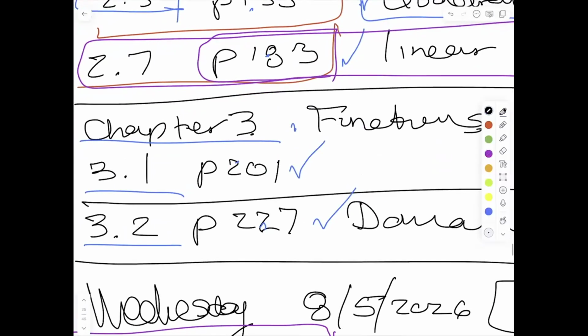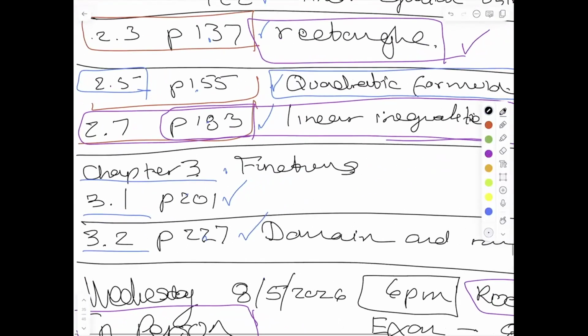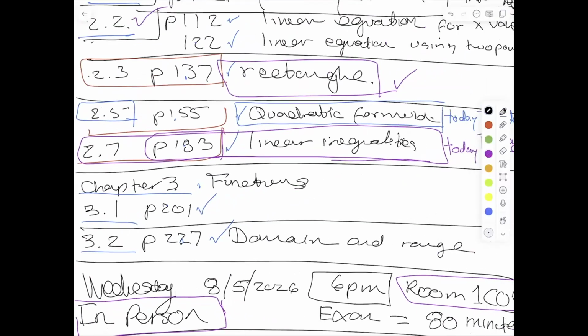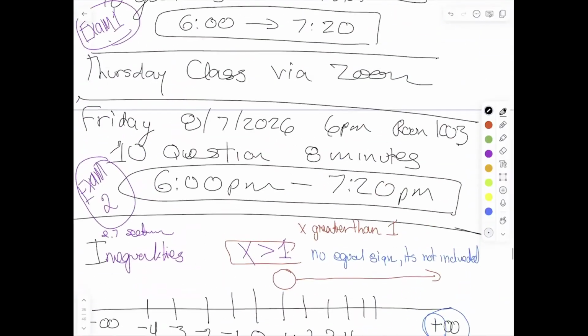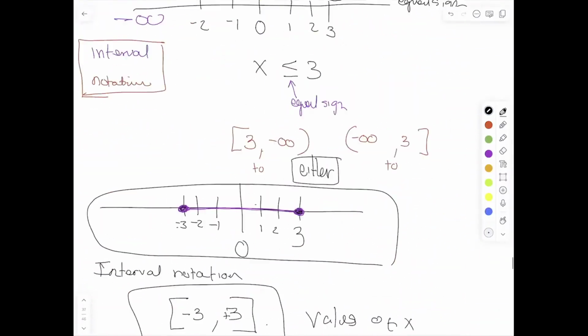Section 3.1, page 201, and 3.2, page 227.